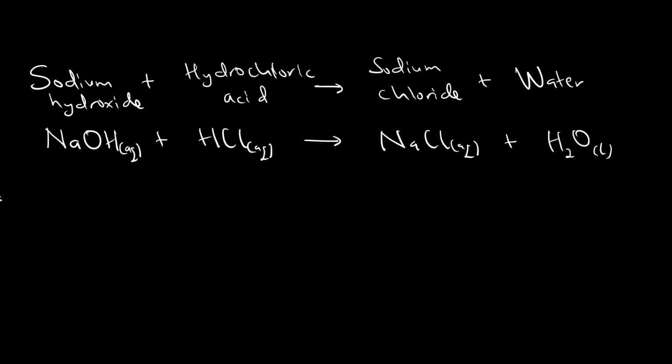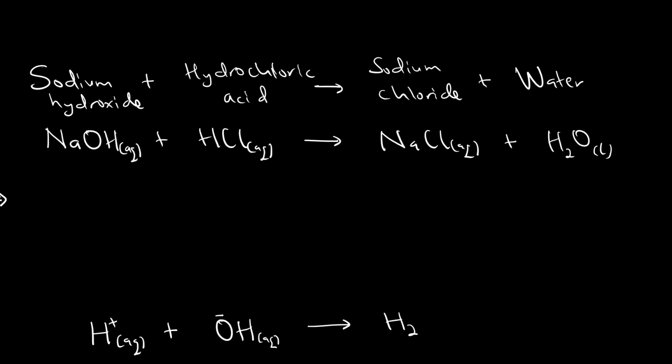So the correct net ionic equation will be hydroxide ions, or maybe let me start with positively charged hydrogen ions because I'm used to that. So we shall write the hydrogen ions aqueous will combine with the hydroxide ions from the sodium hydroxide to form our water.